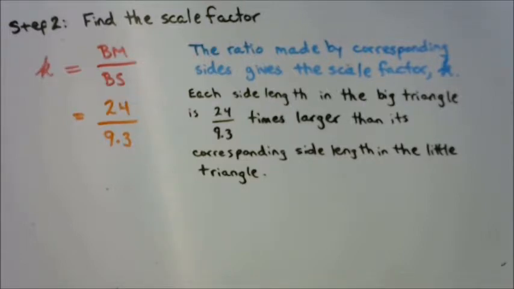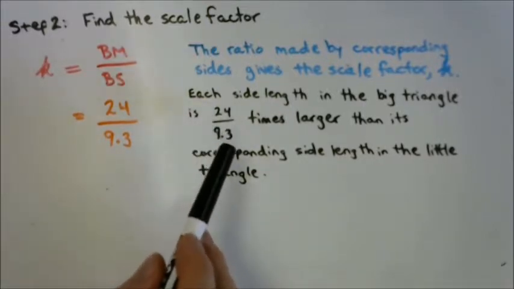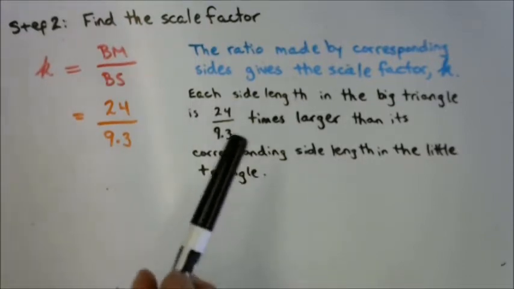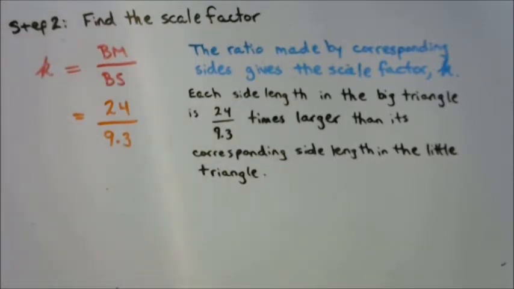So we're not going to change this into a decimal right away, because what happens when we change things into a decimal and then we round it? It's less accurate. We lose information. Okay, so we're going to leave it like this for now, and we're going to work with it.